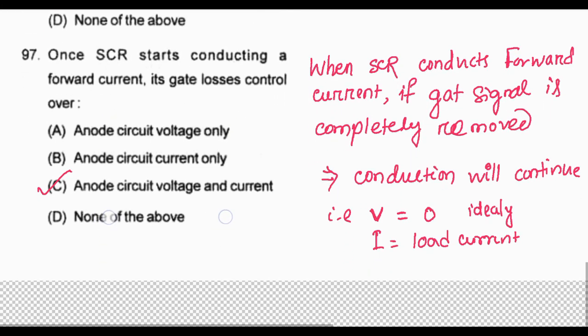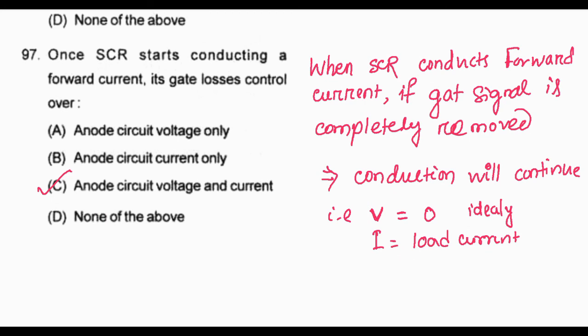Once an SCR starts conducting a forward current, its gate loses control over option A, anode circuit voltage only, option B, anode circuit current only, option C, anode circuit voltage and current, option D, none of the above. So here it loses the control over both current and voltage, because when SCR conducts the forward current, if we remove the gate signal, it will continue to conduct.